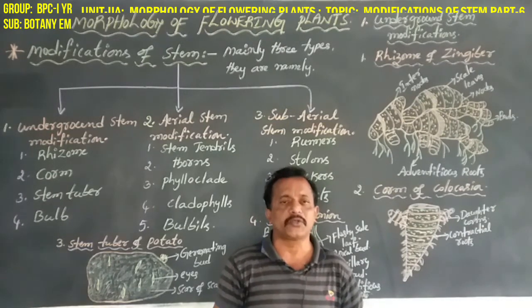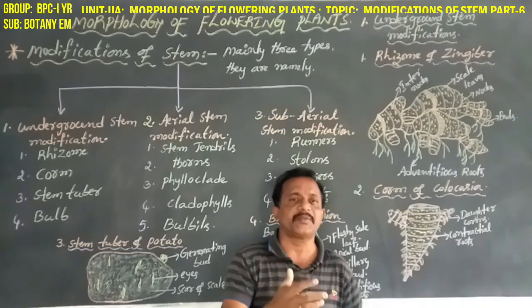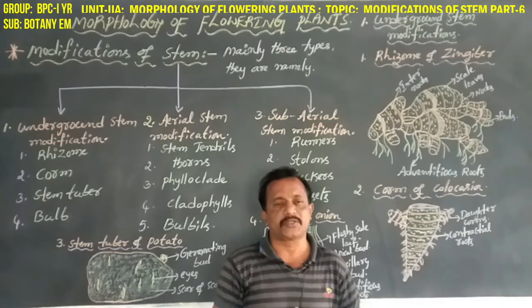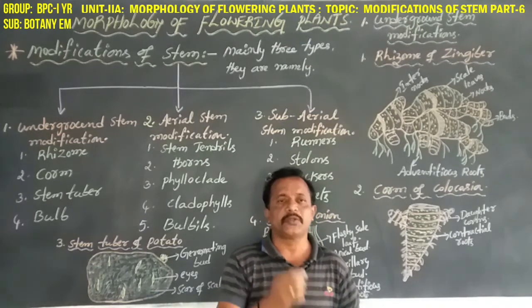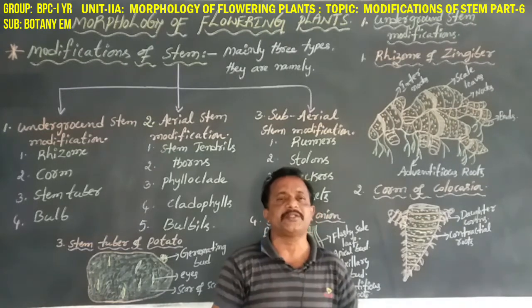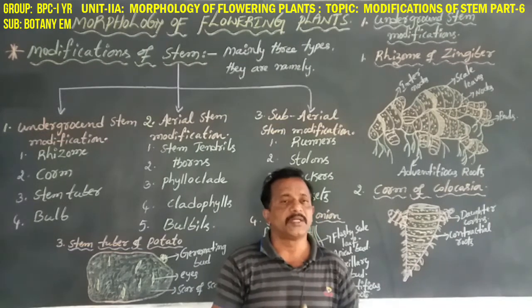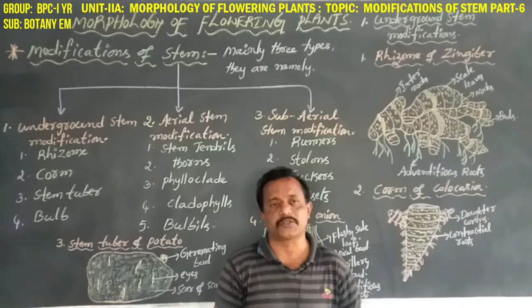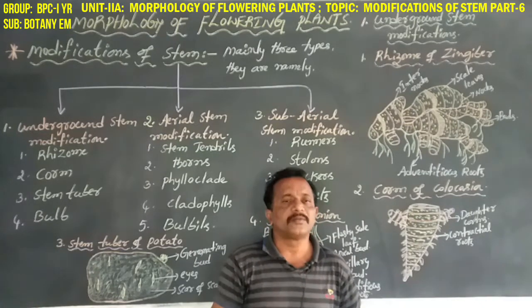What is the meaning of nodes? The region of the stem which bears the leaves, buds and flowers is called the node, while the portion between two nodes is called the internode. These nodes and internodes are present only in the stem.